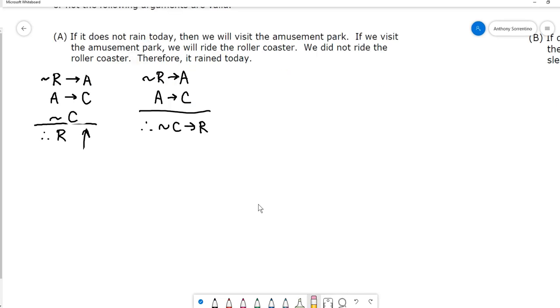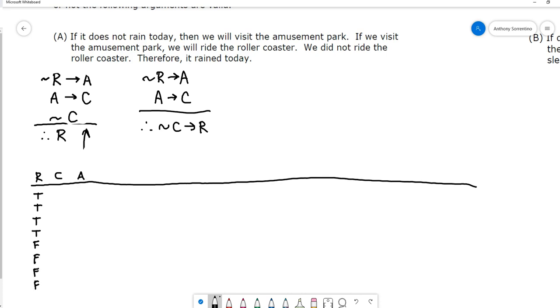So now I'm going to set up a truth table with R, C, and A. This represents every possible combination of truth and falseness between 3 variables.